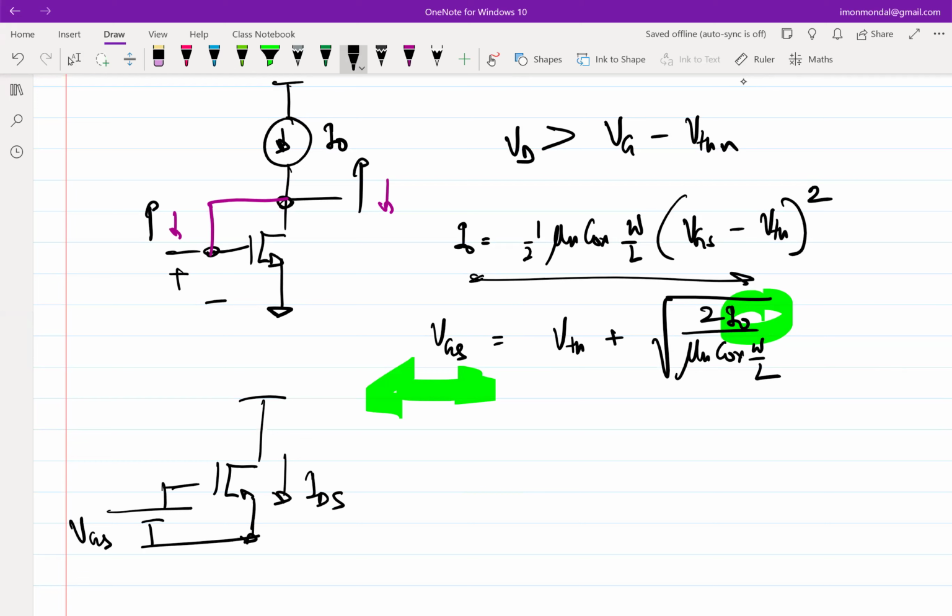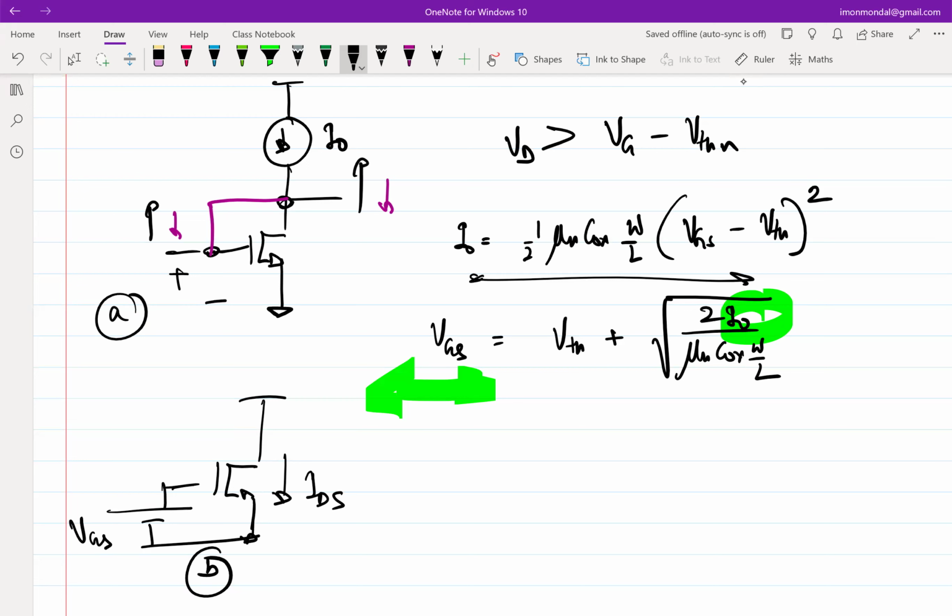So let's say this is A, this is B. In both cases, A and B, the threshold voltage changed. Let's say the threshold voltage was 1 volt, it's changed to 1.1 volt. So what's going to happen in the circuit in the B? The threshold voltage increased in both cases.